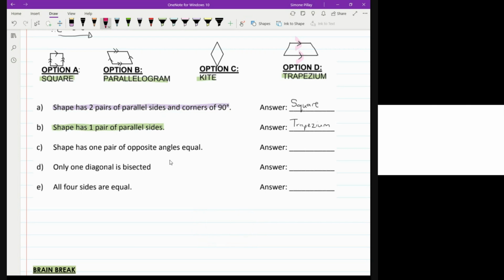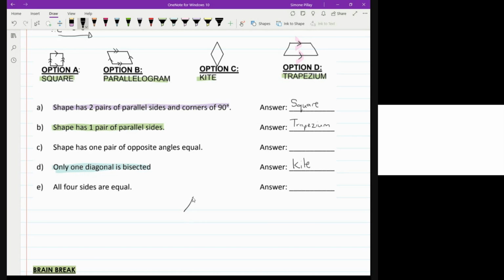Itandile, did you have a question or did you want to answer? Ma'am, I want to answer D. Ma'am, on the one where one diagonal is bisected, I thought of a kite. That is correct. One diagonal is bisected, so this would give us a kite.